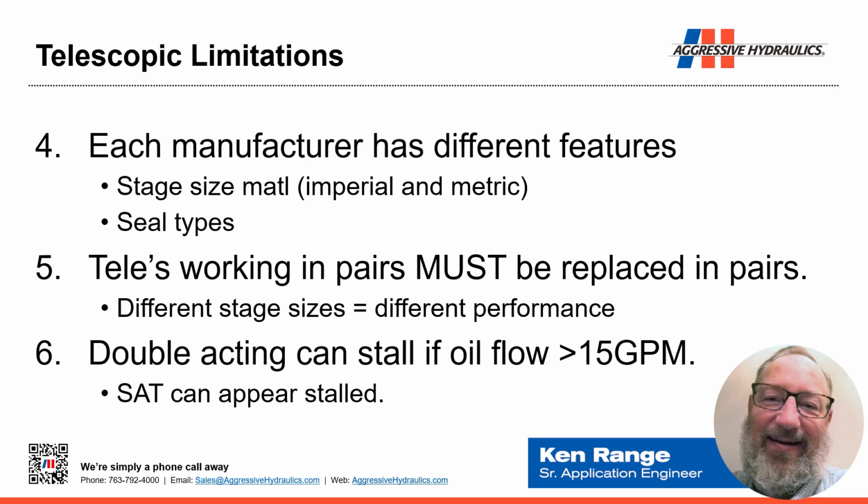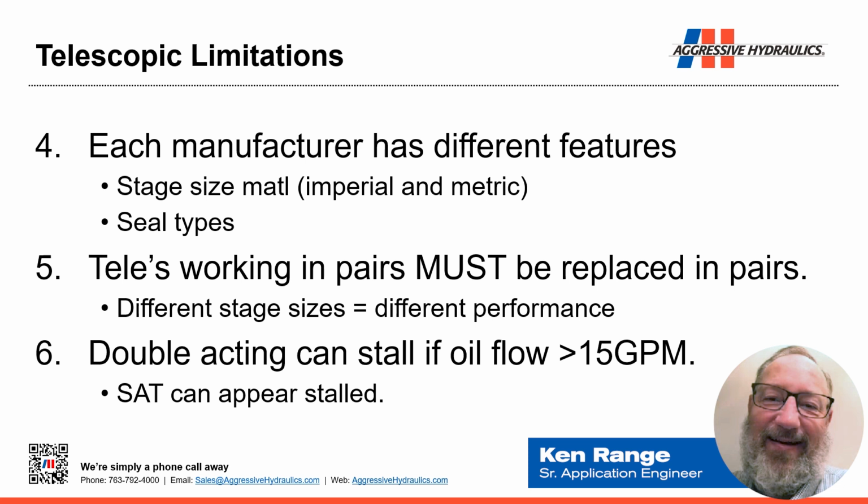So if they have greater than 15 GPM, you're pretty much assured that the flow will overcome those small fluid paths and physically act on the stages as we expect them to. And that's a common thing in my experience. I've gone out to numerous application sites where all I've had to do is grab the flow control valve, give it a quarter of a turn, and the cylinder starts working properly.